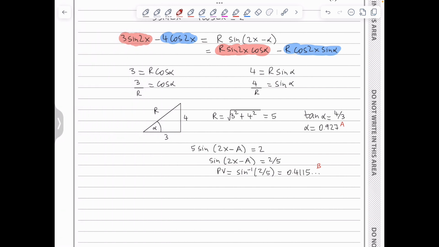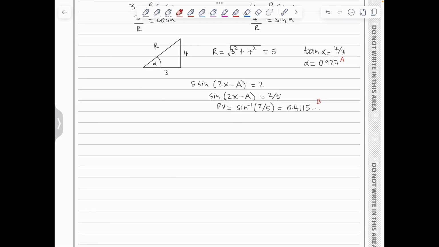And we know that when we are solving a trigonometric equation involving sine, we've got that 2x minus A is the PV of B plus 2 pi k, or 2x minus A is pi minus the PV plus 2 pi k. So 2x is going to be B plus A plus 2 pi k.